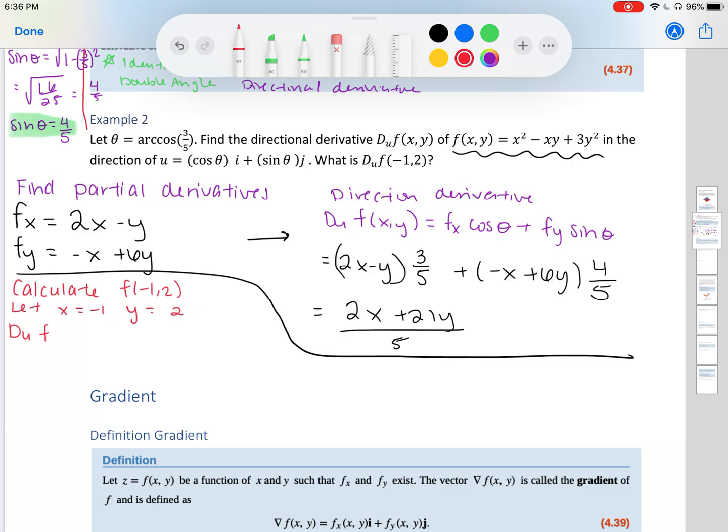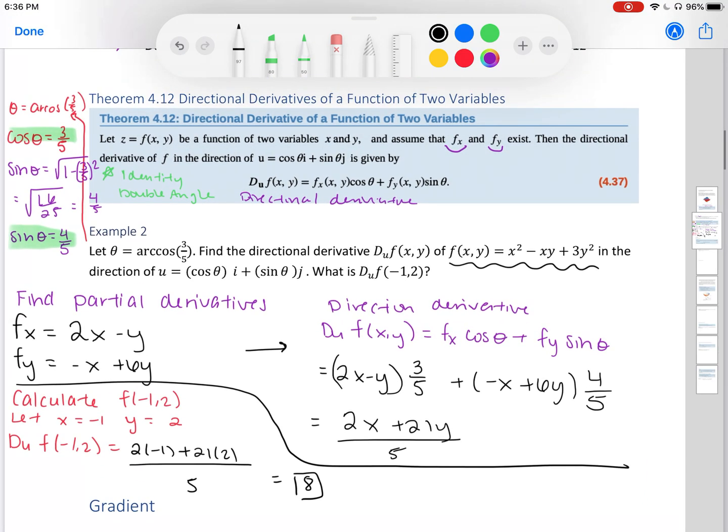So the directional derivative at negative 1 comma 2 is equal to 2 times negative 1 plus 21 times 2, over 5. And our answer is 8. So I hope that made sense, and it's easy to apply that theorem for directional derivatives.